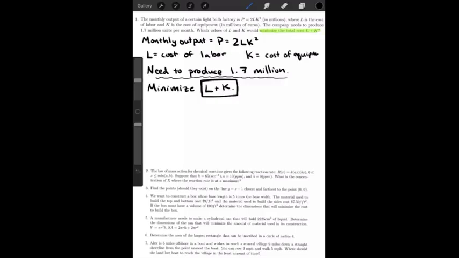So that's not really going to help us figure out what L is in relation to K. But we want our monthly output to be 1.7. Right, so our company needs to produce 1.7 million units per month. Right, so maybe that should have gone here.